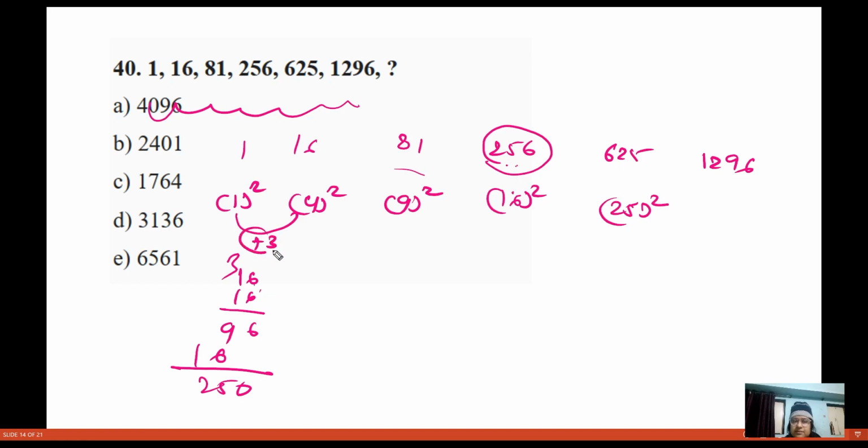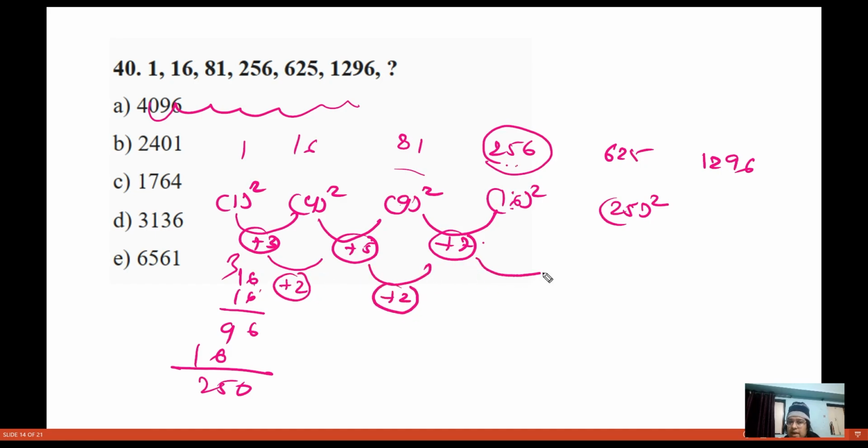So plus 3, plus 5, and this is 16. So plus 7. Plus 2, plus 2. So plus 9, that means 25, so 25 square.